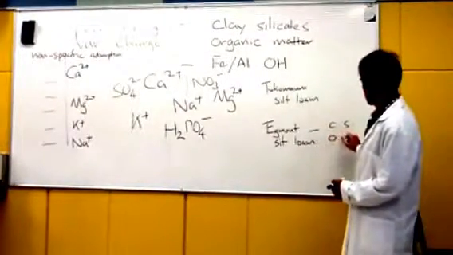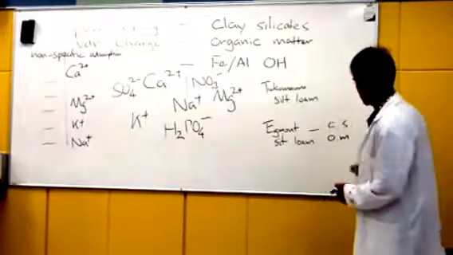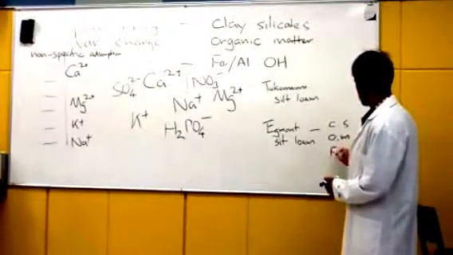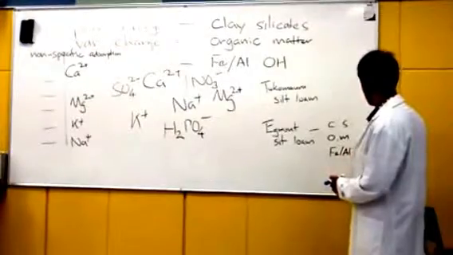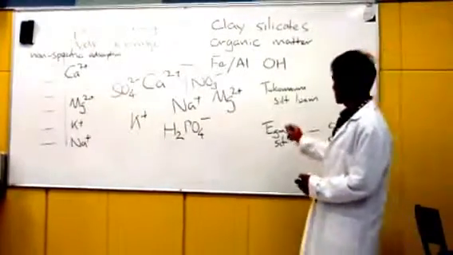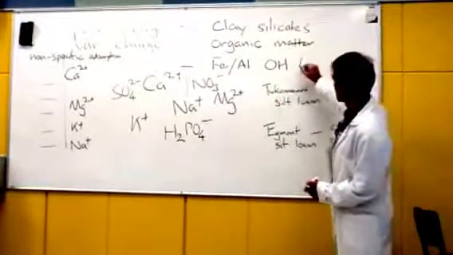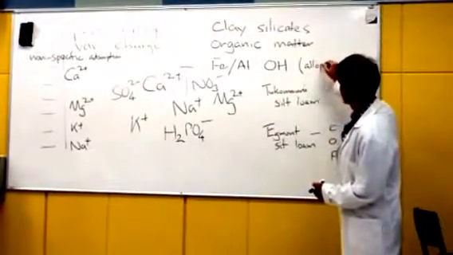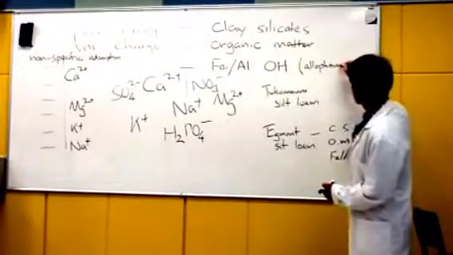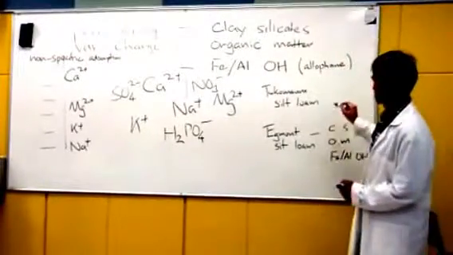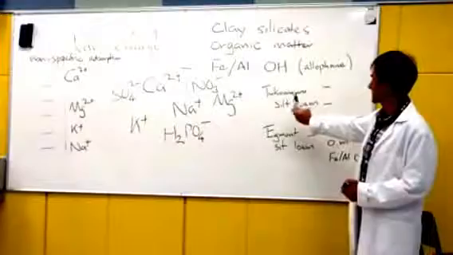It's going to have organic matter, because all soils have organic matter, but it's also going to have iron and aluminium hydroxide because it has an input from volcanic activity. This stuff can also be called allophane, and it comes from volcanic events.